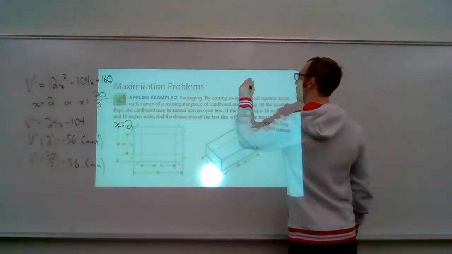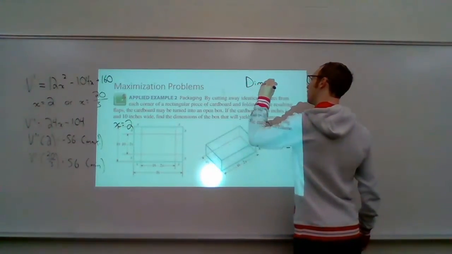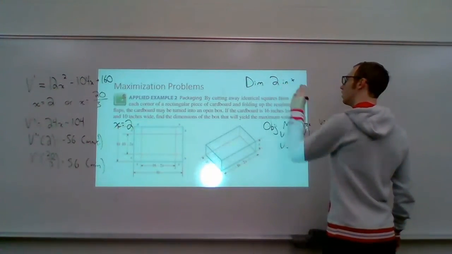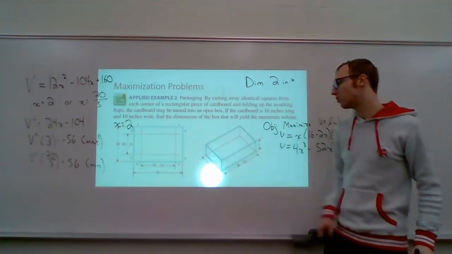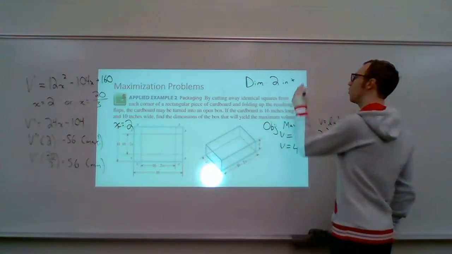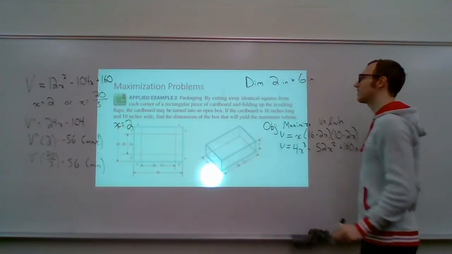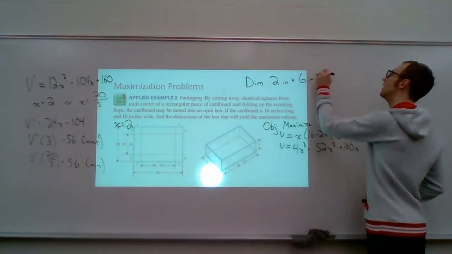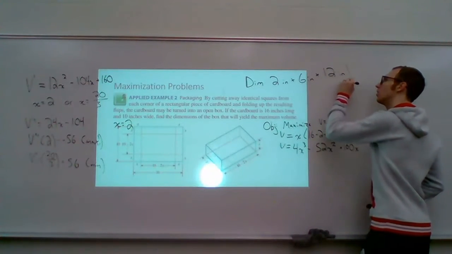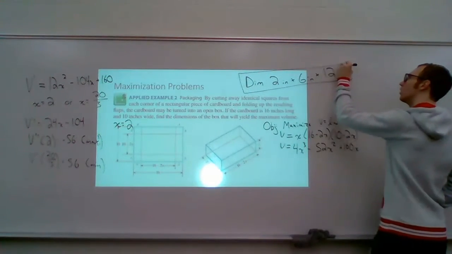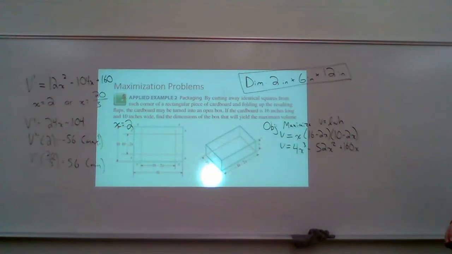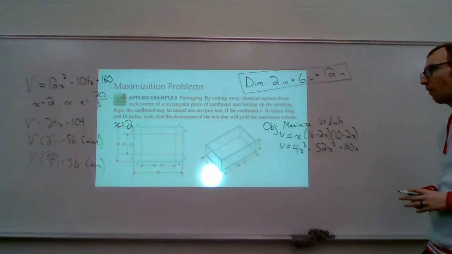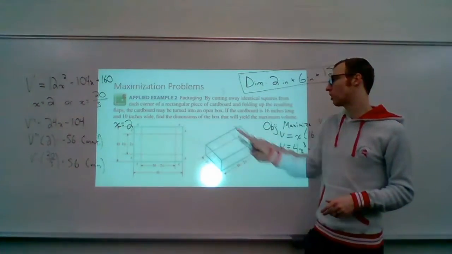So the dimensions are 2 inches by 10 minus 2 times 2, so 10 minus 4 is 6 inches, by 16 minus 2 times 2 is 12 inches. So the maximum volume that you can get out of this is 144 cubic inches. It doesn't ask for that, but we found the dimensions there.